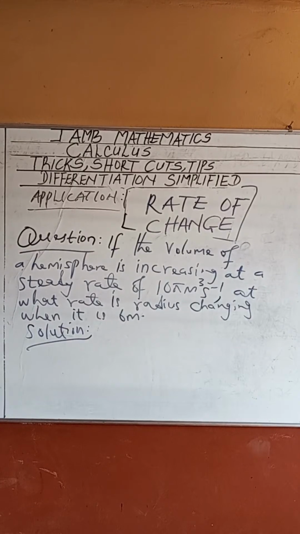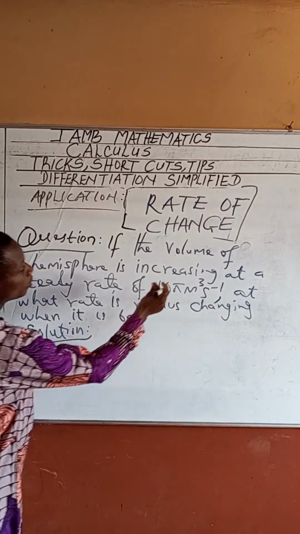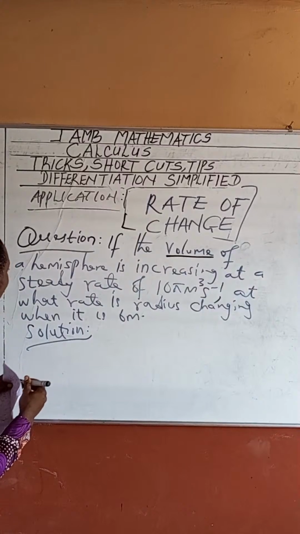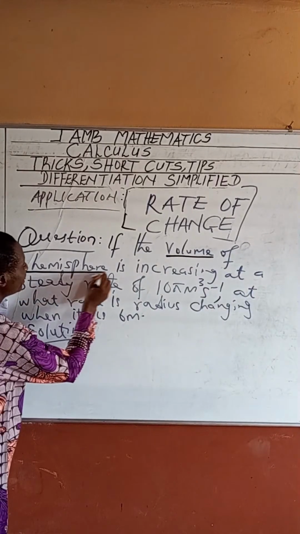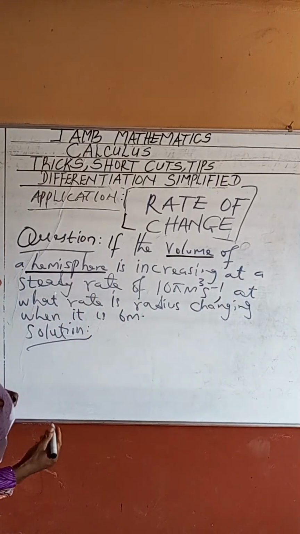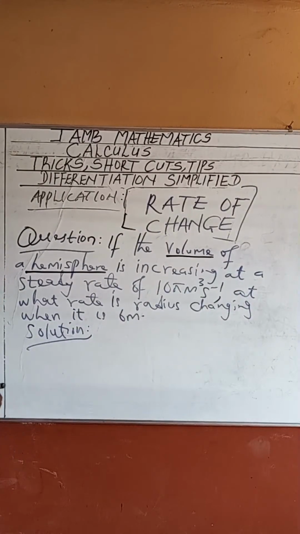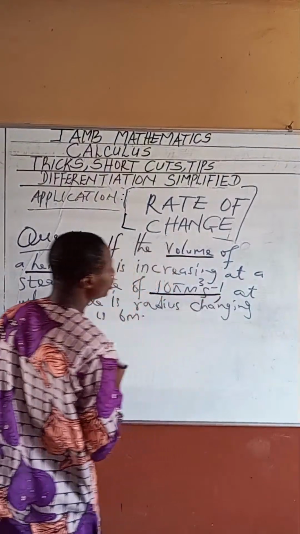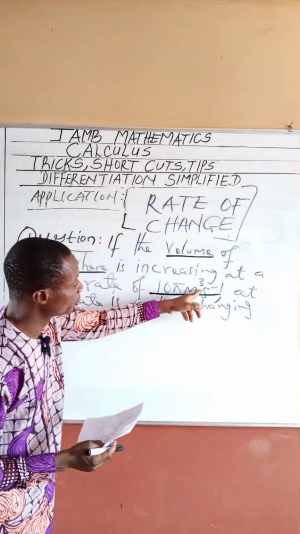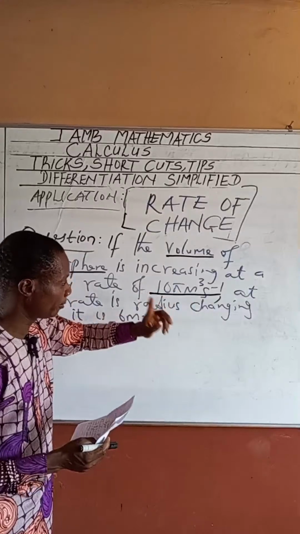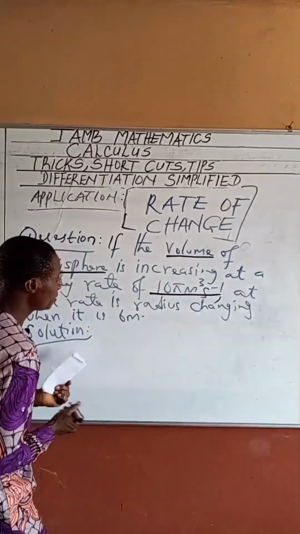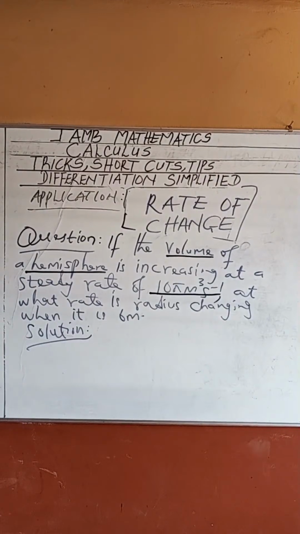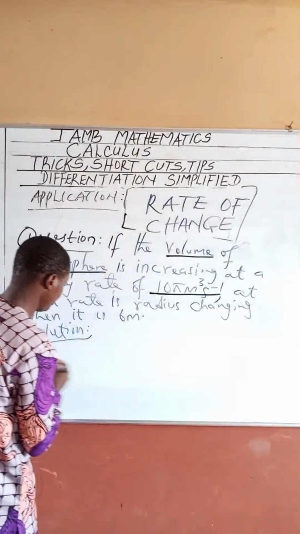We have volume here, and this is a hemisphere, not a sphere, so it's half of what we did. Don't forget, this is a rate. The rate of change is per second. This is not dv dr, this is dv dt. Sorry for the noise, please.